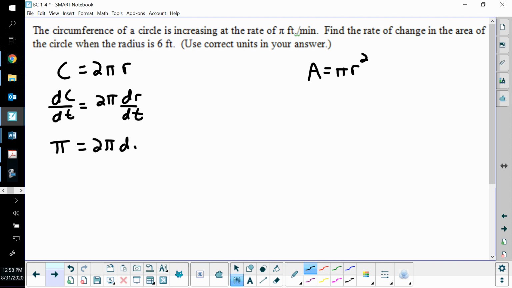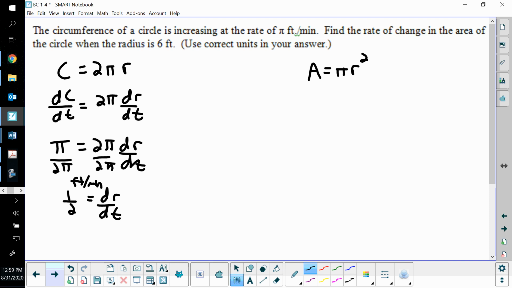That equals 2 pi dr over dt. And if we divide the 2 pi over, it'll be in the denominator. So we'll get a half equals dr over dt. And our units for that would be feet per minute, because radius is a one-dimensional measurement.